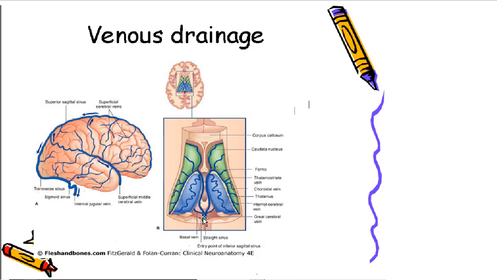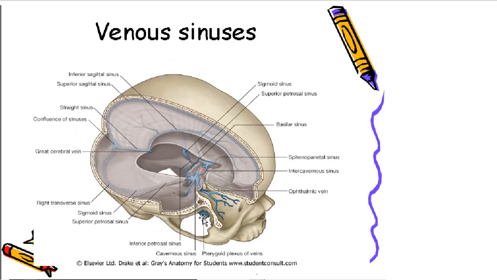And here we are looking at the dura mater, and if you remember, between the two layers of dura mater you had the venous sinuses present. Now this is the superior sagittal sinus present here at the upper border of the falx cerebri, and this here at the lower border is another sinus called the inferior sagittal sinus.